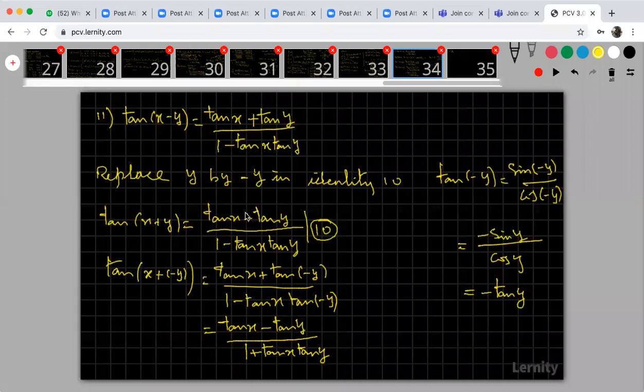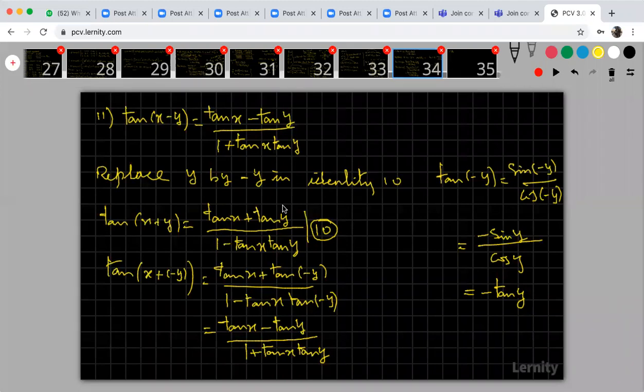I'm sorry, here plus. Because your 10th identity, tan of x plus y, is tan x plus tan y divided by 1 minus tan x tan y. If you take minus here, here we have minus, here we have plus. Please take this as tan x minus tan y divided by 1 plus tan x tan y. You replace y by minus y in identity 10.